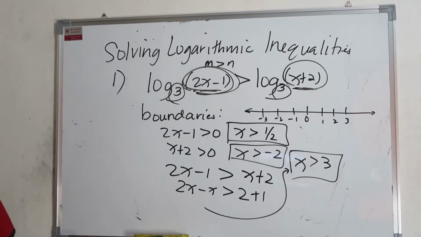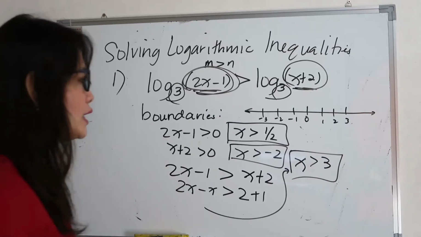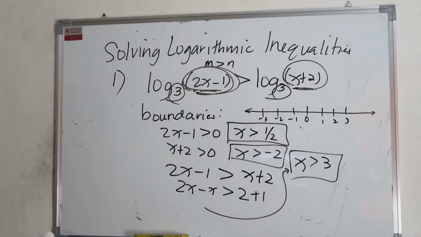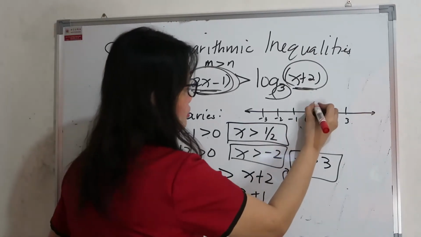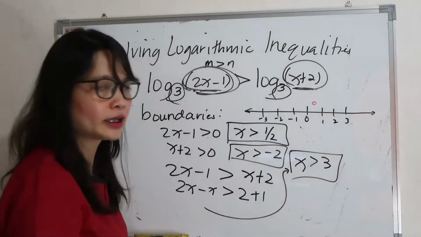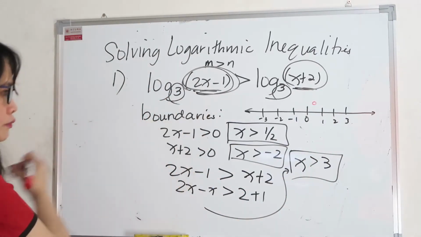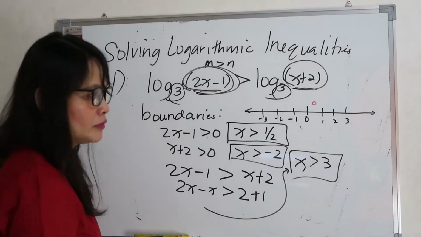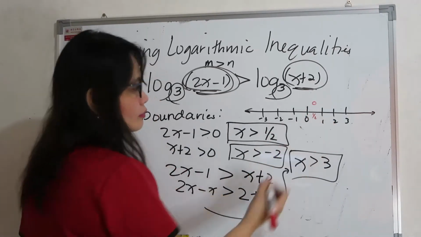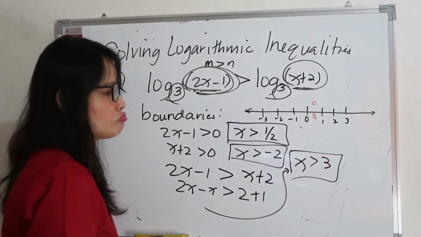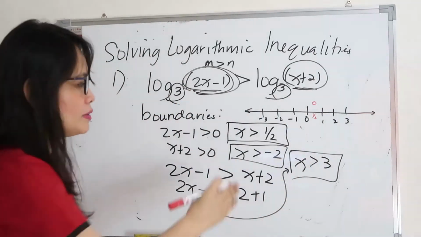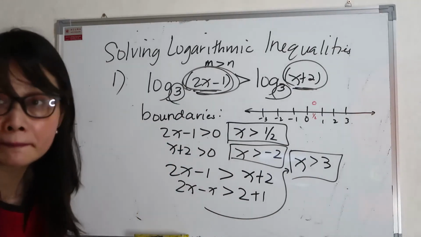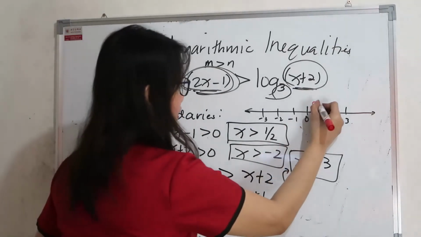Open, because it's only greater than 1/2, not equal to 1/2. Open circle, and what direction? The given is x greater than 1/2, so it goes to the right.